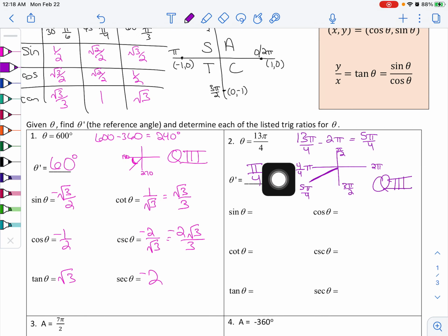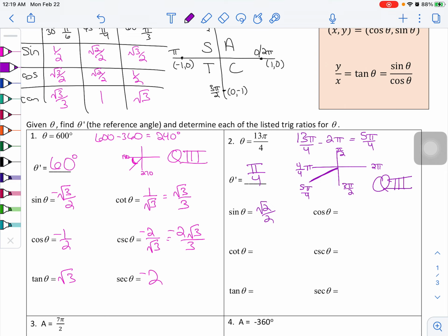And to get to 5 pi over 4, if we were to subtract those, right, again, we want to get back to the nearest x-axis, that would be just pi over 4. The easy way to do that, though, would be just to use the same denominator. That will work. All right, so pi over 4 is your 45-degree angle.